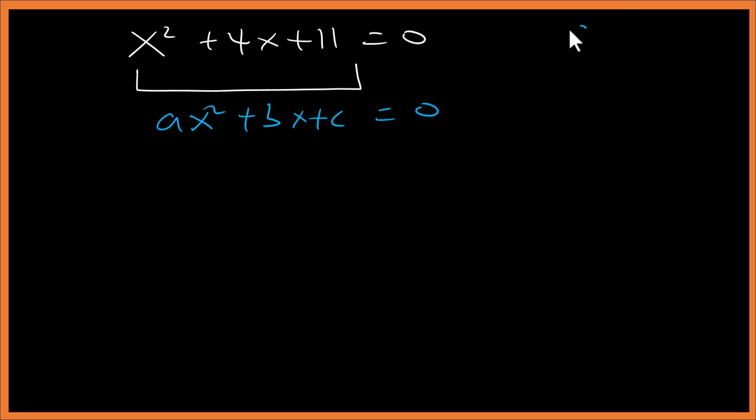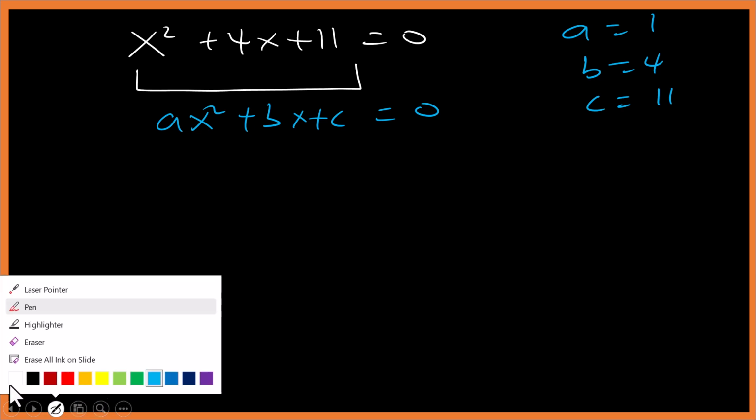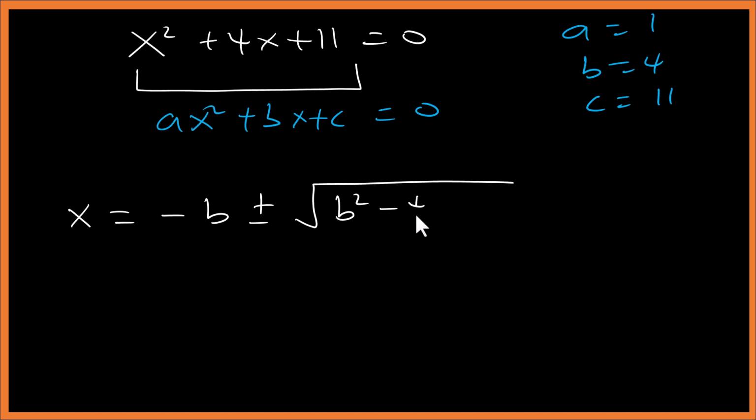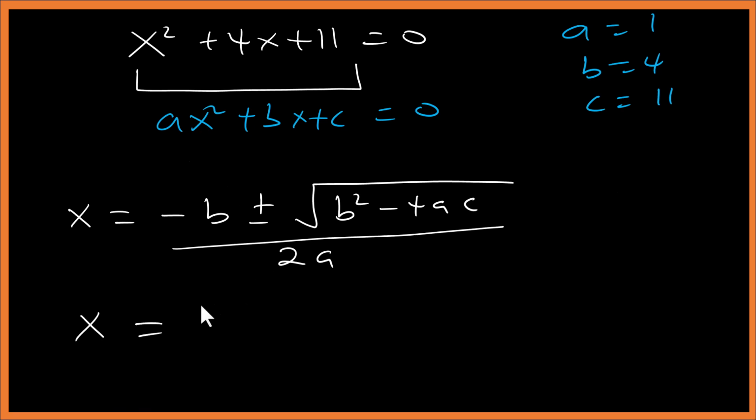So we have a is 1, b is 4, c is 11. Now we have x equals minus b plus or minus the square root of b squared minus 4ac, over 2a. So from here you can do the substitution.